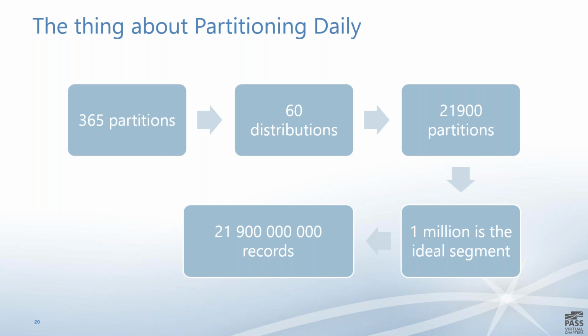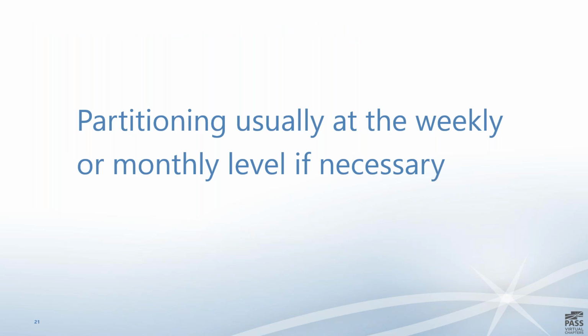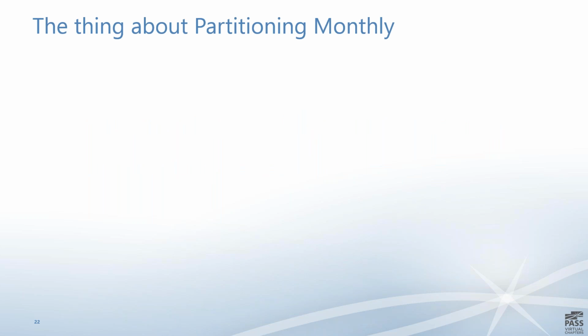The fact that we have a distributed system explodes the size the table has to have to be considered optimally stored. So with partitioning, usually we move to a higher granularity, at least the week or monthly level, or even quarterly if necessary for DW, because things start to get a little bit better.